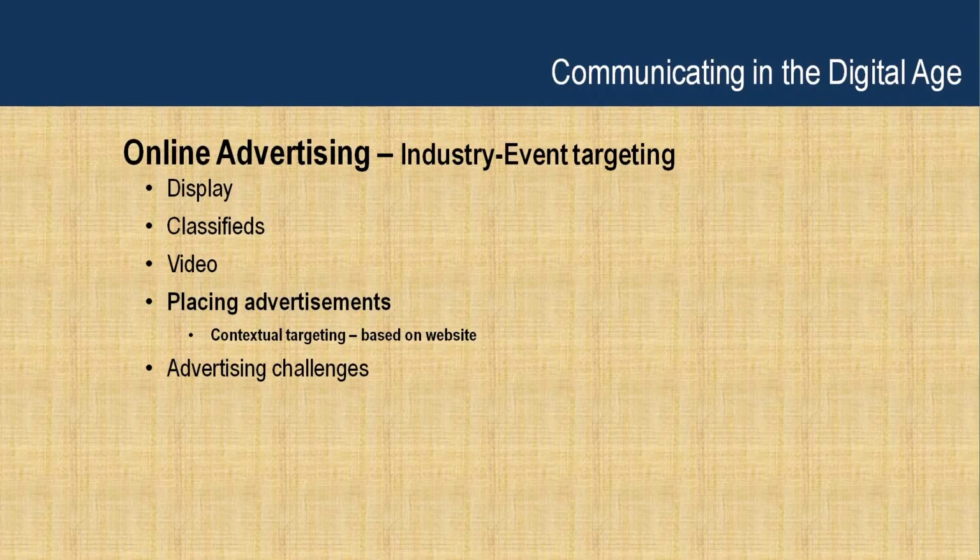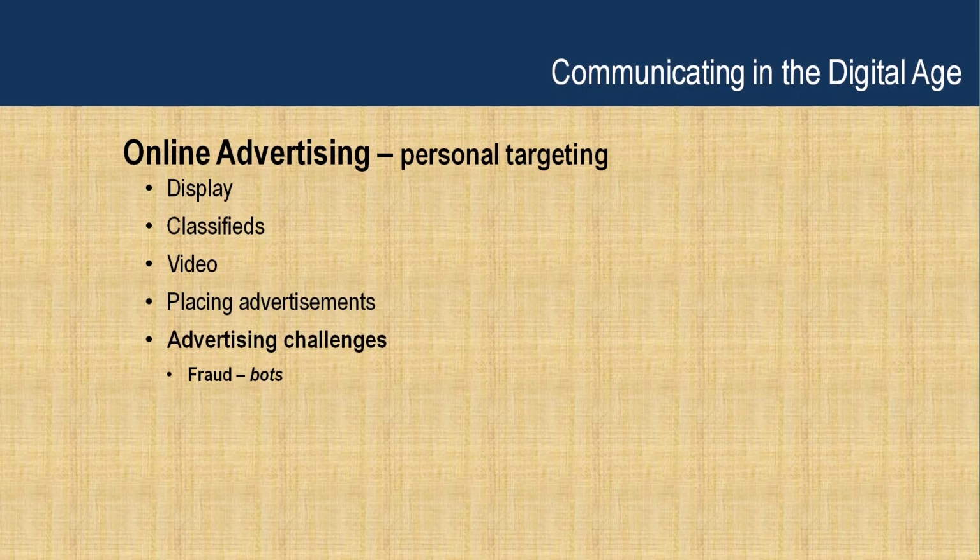And these advertisements can also be placed, as I just mentioned, on other shopping sites or other commercial sites where customers usually go seeking general information. Advertisements can be placed through contextual targeting. That means they can be based on the website, which can become very useful when they are placed on relevant websites.